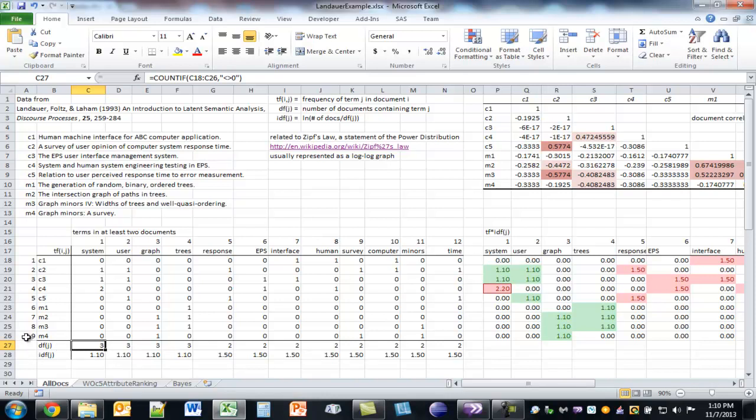If the word is in all 9 documents, the ratio is 1 and the log is 0. So that's a weighing factor. If it's in only 1 document, then it's 9, and the log of that is somewhere between 1 and 2. So chances are the logs are all between 1 and 2, and here they are.